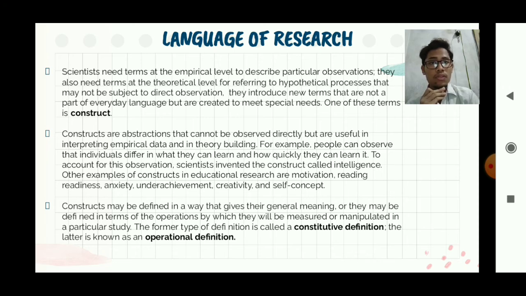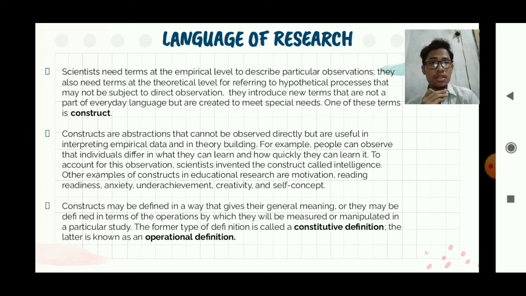To account for this observation, scientists invent the construct called intelligence. Other examples of constructs in educational research are motivation, readiness, anxiety, underachievement, creativity, and self-concept.